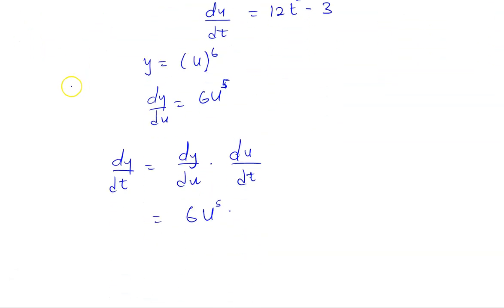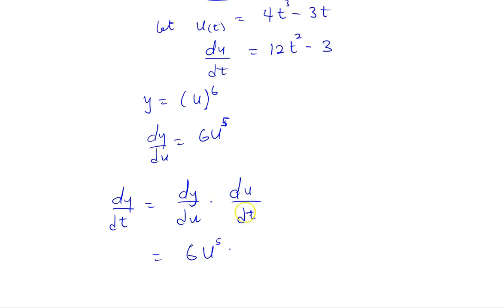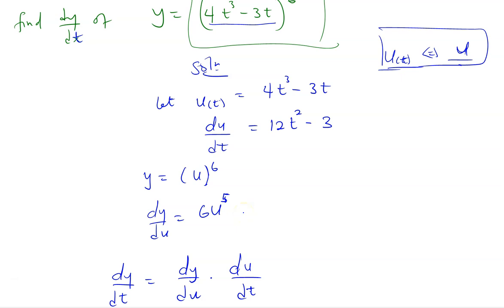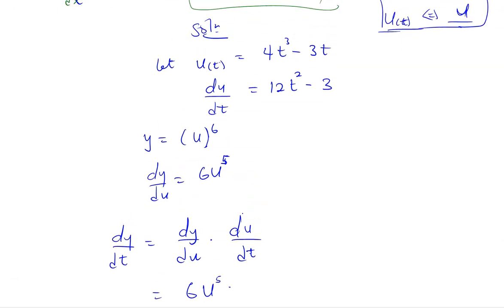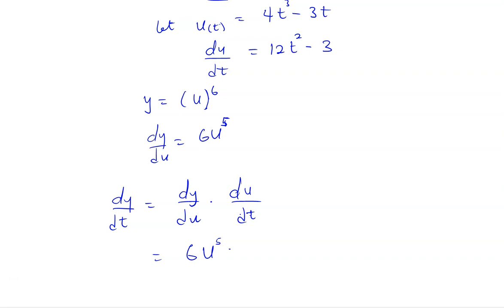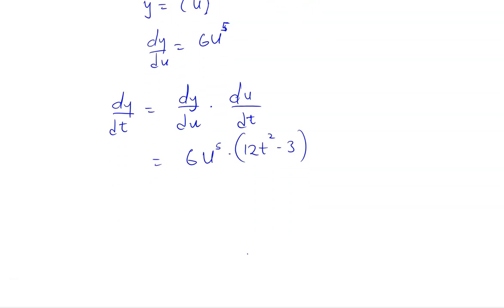So 6u exponent 5 multiplied by what is the du on dt, which is 12t squared minus 3. We are going to get 12t squared minus 3. So that's it. In this case, we can simplify.